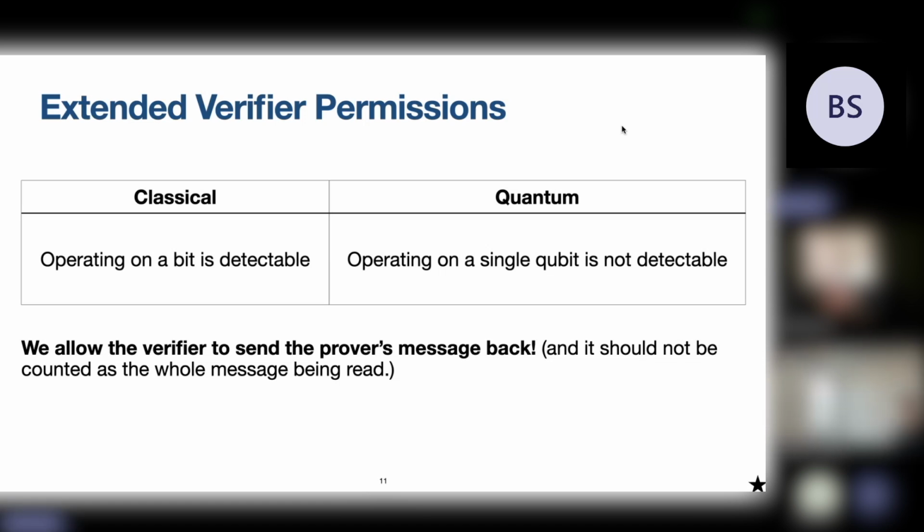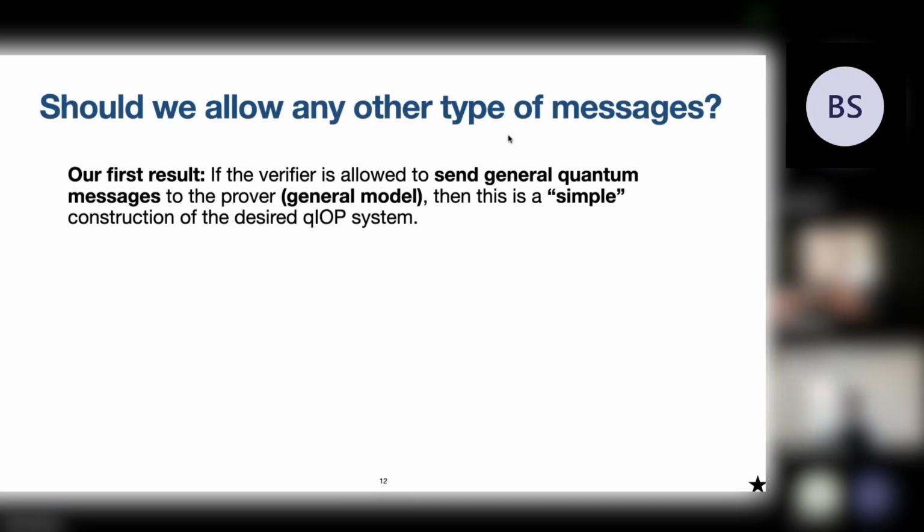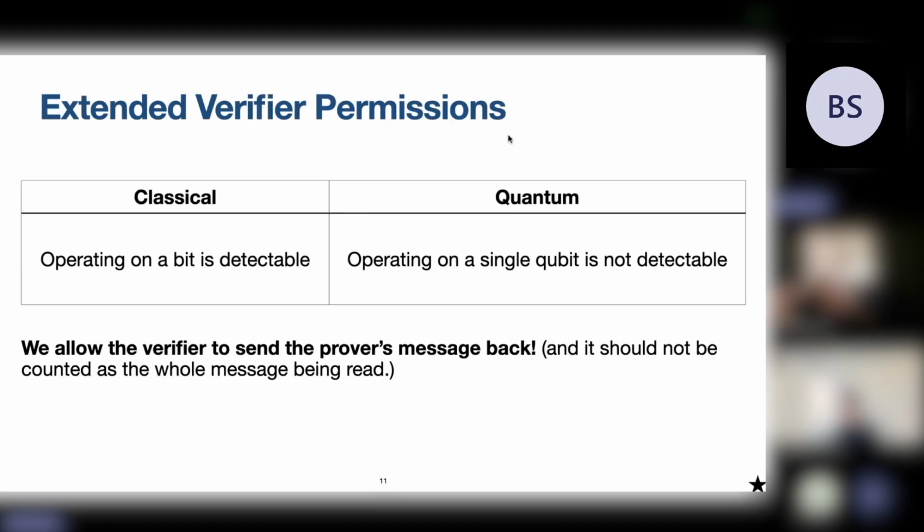Classically, doing this is pointless because the prover knows which bit you changed. But quantumly, if the prover sends the verifier a quantum register and the verifier does something, the prover won't necessarily know. So basically, here I showed one type of verifier message, which is just sending the prover's message back.